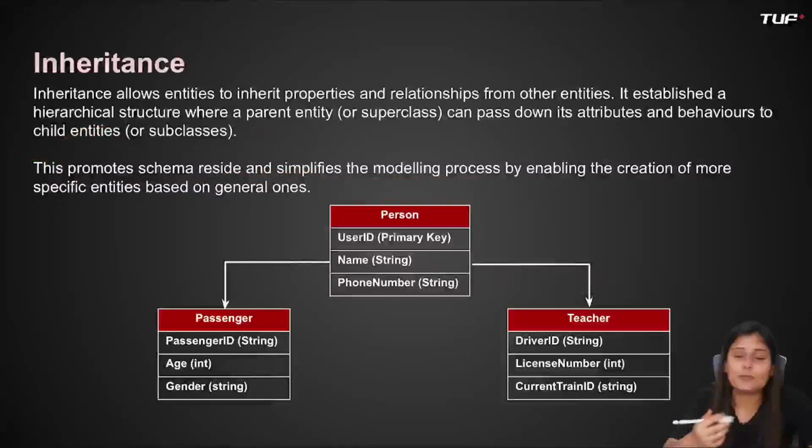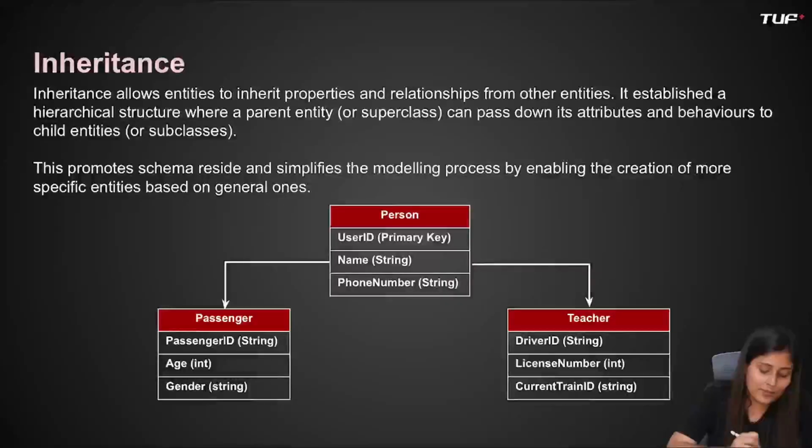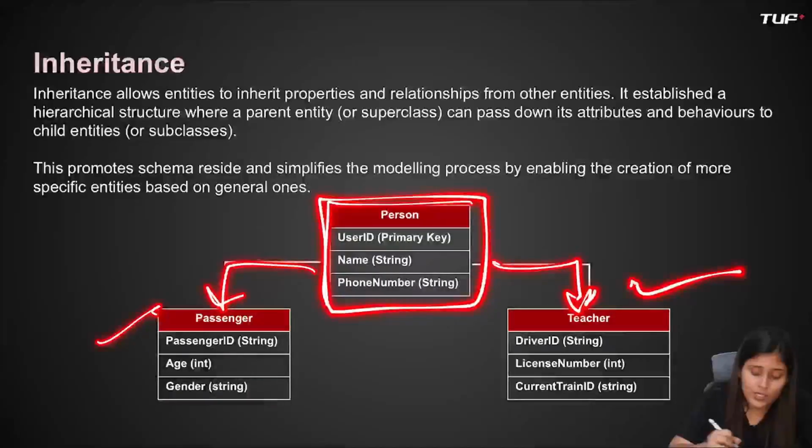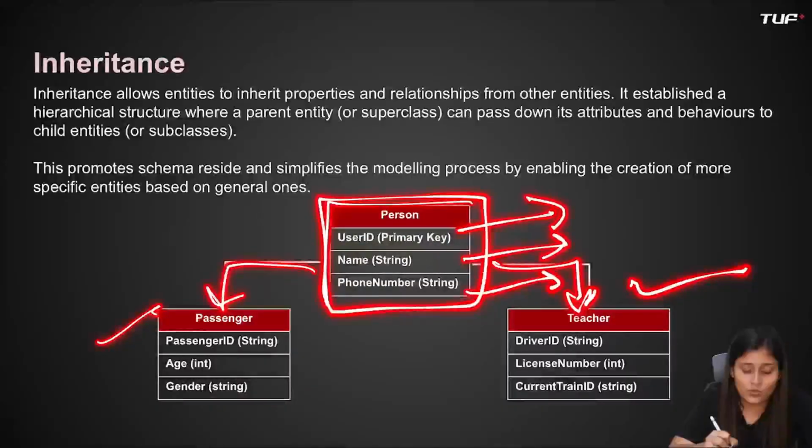Basically it helps to simplify the modeling process because instead of recreating those parameters again for the children, it is better to inherit from the parent class. So here, instead of parent class, we'll say parent entity. Let's suppose this is an example of person, and we have a passenger and a teacher entity. For both passenger and teacher, we will have user ID, name, and phone number in common.